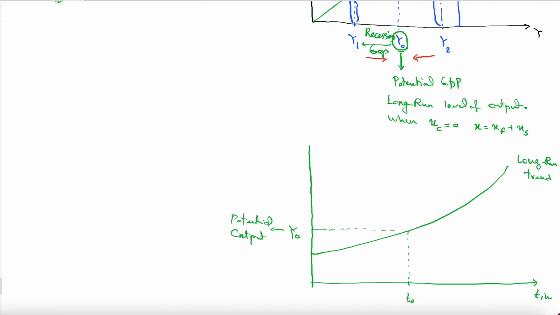But we are producing less than that, y1. So this gap is called recession. It's because of the fluctuation, we are producing not equal to what can ideally be produced, but far lower than that.